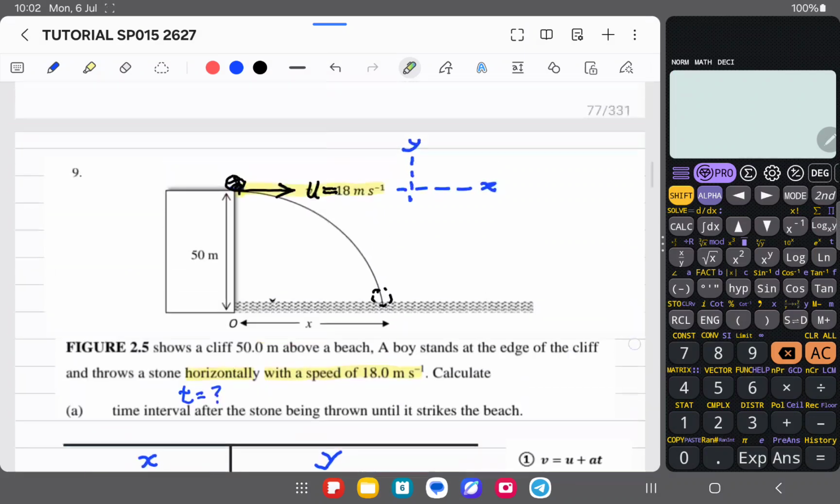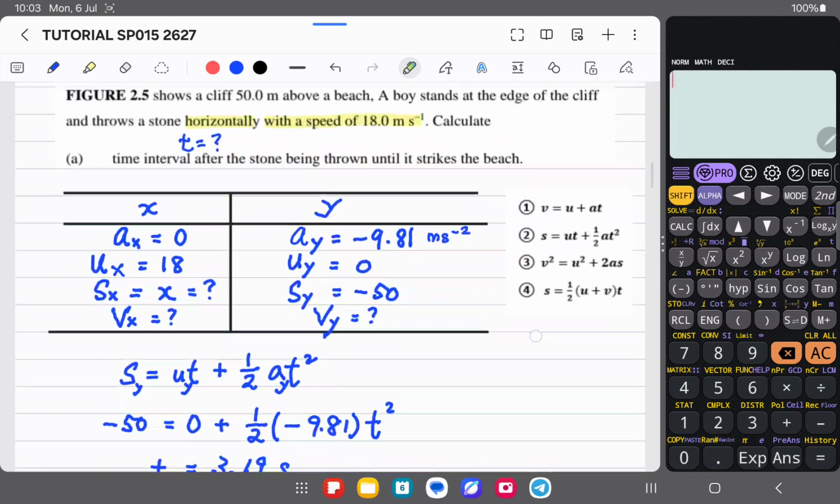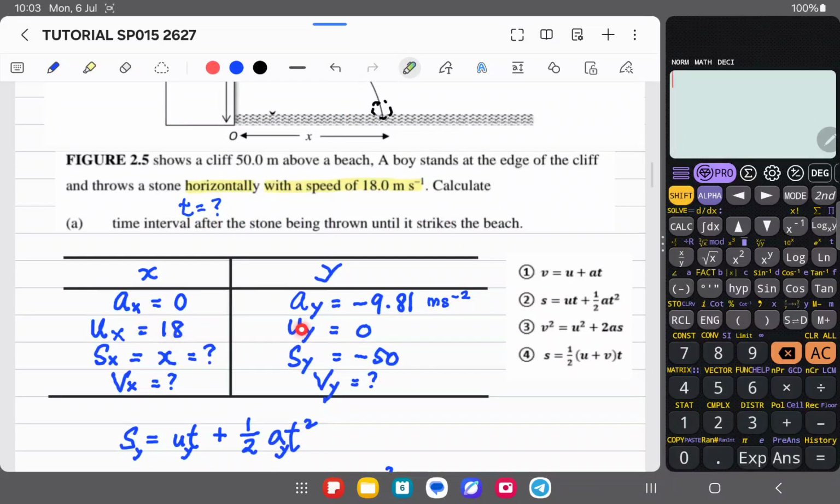Then we can break down the initial velocity into components x and y, but you can see the stone is thrown horizontally, so the 18 meters per second lies along the horizontal x-axis, so the component y of the initial velocity will be 0. 18 meters per second will be the component x. So we have ux is 18, uy is 0.